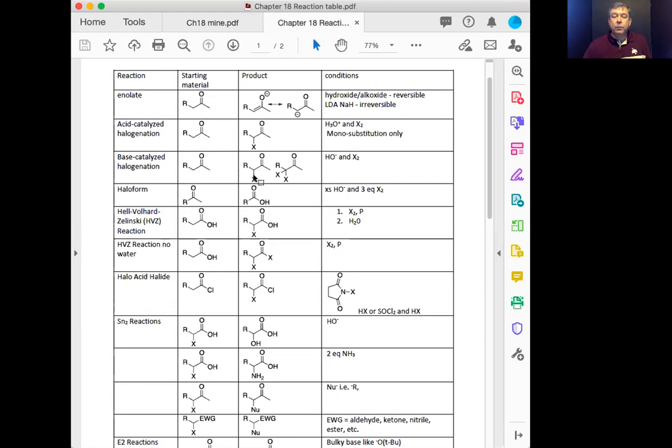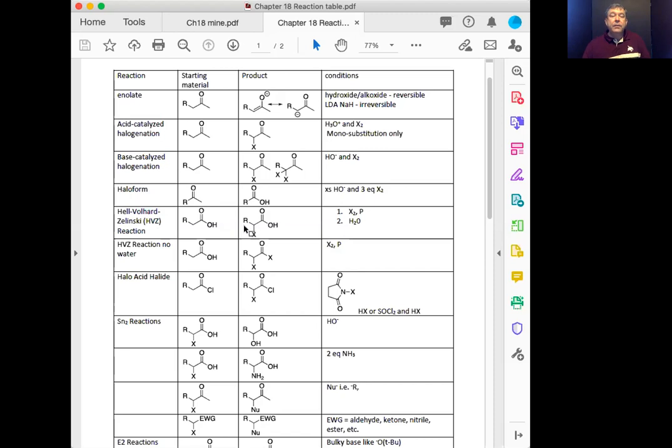So we can do 1, 2, as many as you have base to do it, which means if you have 3 alpha hydrogens, which is why the haloform reaction is slightly different, you actually can oxidize that off, halogenate it to make it a really good leaving group, and then it's oxidized off and you get your carboxylic acid. So really the haloform reaction is really an extension of our base catalyzed halogenation. It just went too far and hydrolyzed off a group. So that's how to use this chart to help summarize what's going on in our system here.